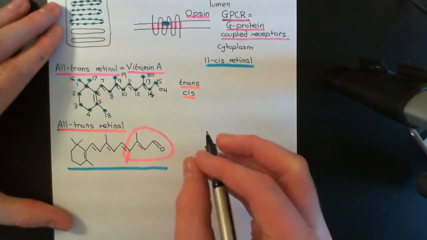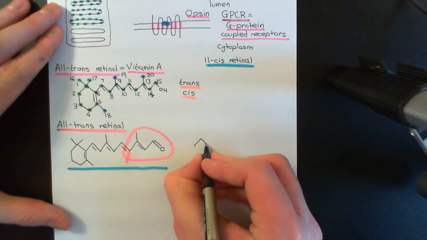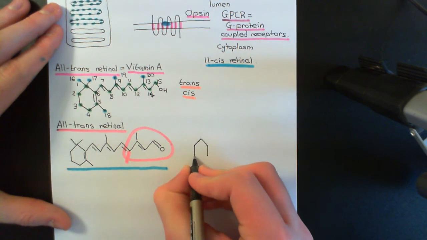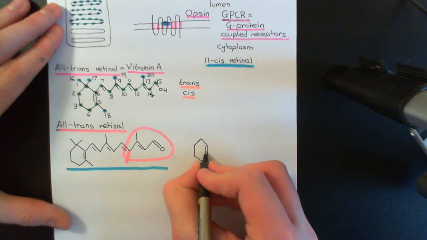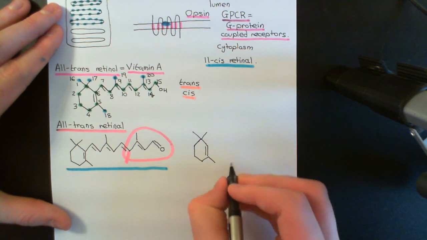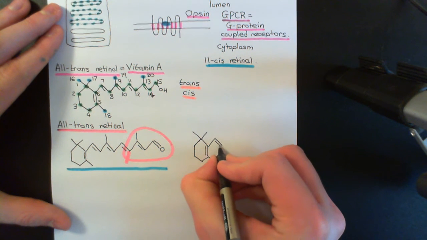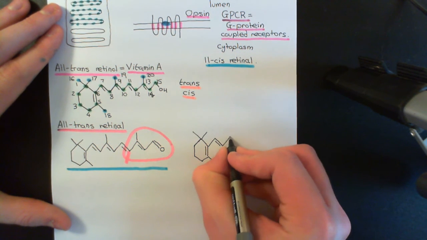Right, so let me now draw this out. So all of this bit's going to be unchanged. So again, drawing out the 6-membered carbon ring here, like so. Here are our double bonds, the 2 methyl groups coming off carbon 1, the methyl group coming off carbon 5. Now we need to be careful. So here's carbon 7, double bond to carbon 8.